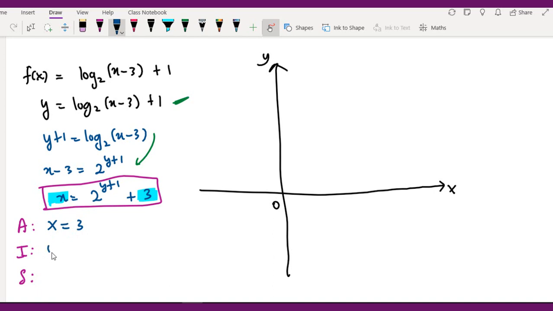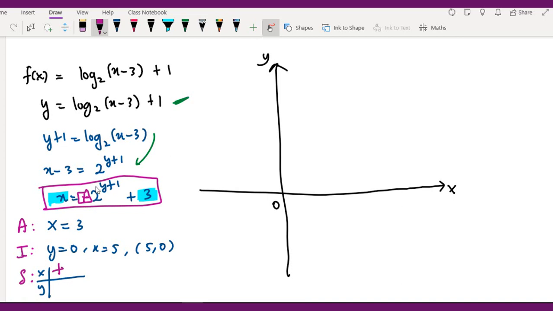Intercept point: when y is equal to 0, substitute y equals 0, so 2 to the power 0 minus 1, plus 3. So x is equal to 5. This is the point. And then for the starting point, x and y. For x, we check the coefficient, which is plus.